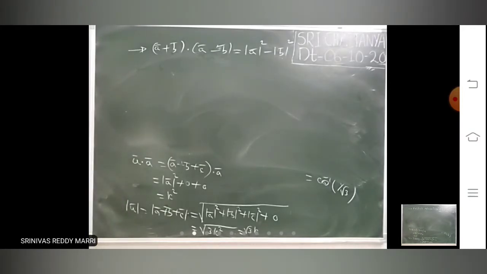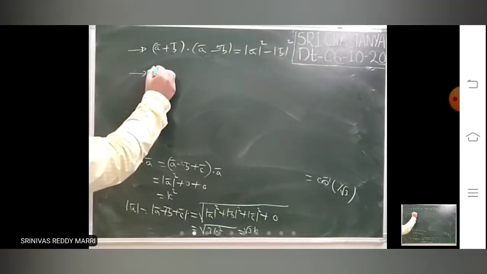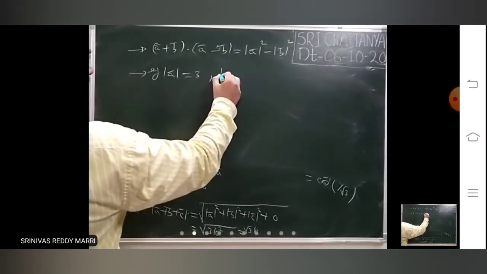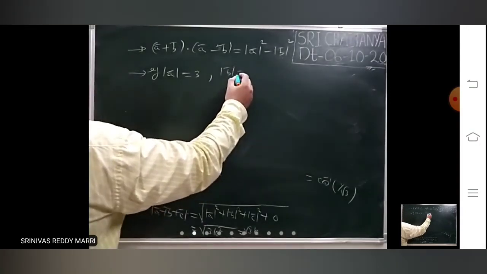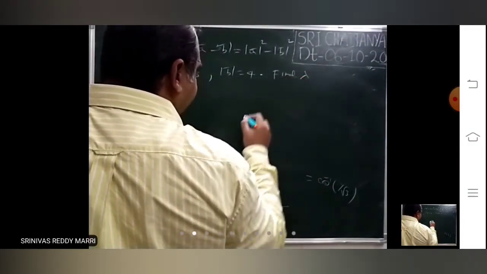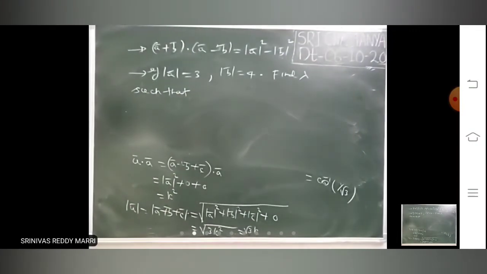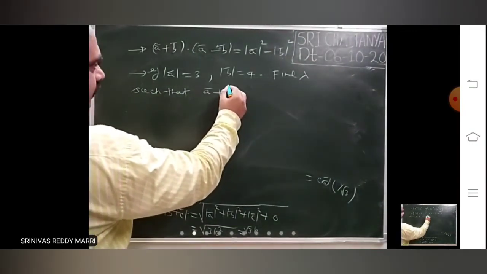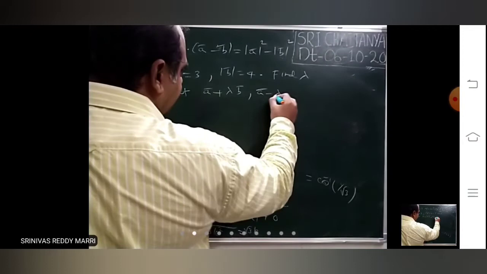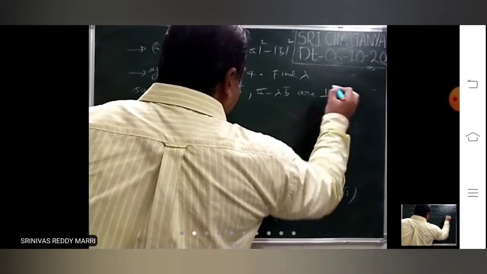Take one problem. If modulus a bar equals 3 and modulus b bar equals 4, find lambda such that a bar plus lambda b bar and a bar minus lambda b bar are perpendicular.